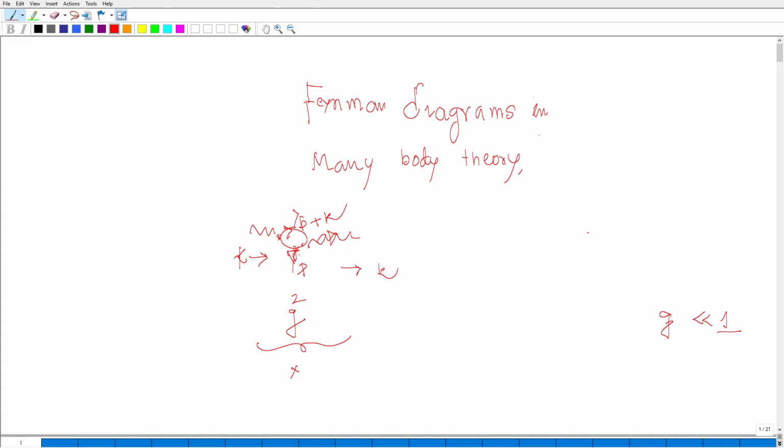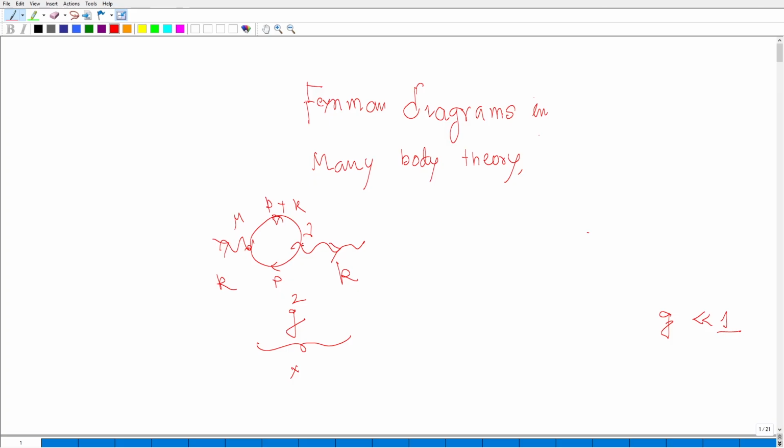For the kind of diagram I have just drawn in the figure, the loop particle that comes from the right carries a momentum which is P, then it picks up a momentum of K from the photon which is coming from the left side, and then it flows inside the loop with a momentum P plus K, and it relieves its momentum at the vertex nu, from where the outgoing photon takes the momentum K and goes out.